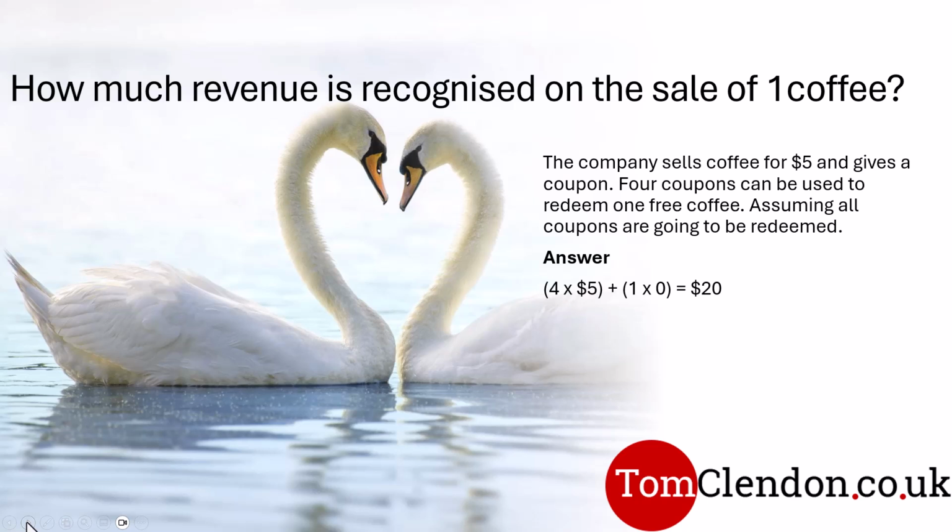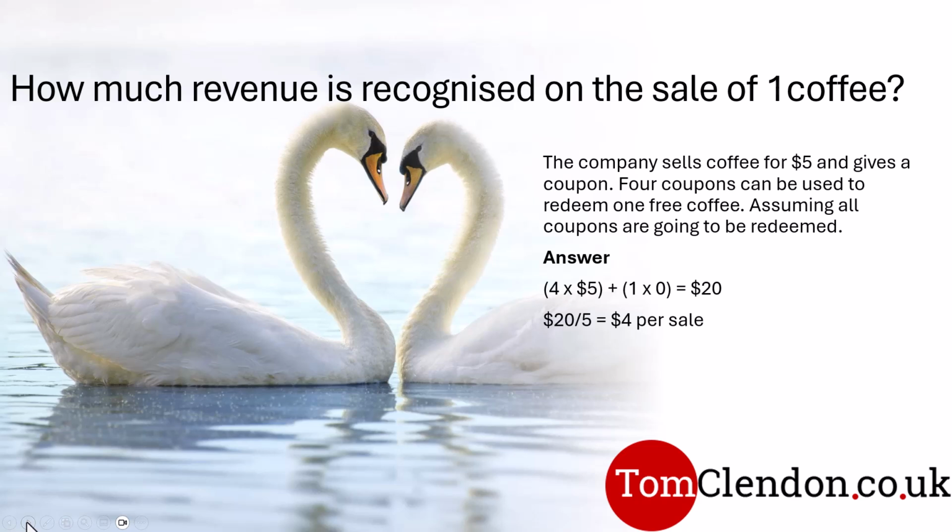Then you give away 1 coffee for nothing. So you are generating $20 for effectively the sale of 5 coffees. And if you are generating cash of $20 for the sale of 5 coffees, the revenue attached to each individual coffee is $4.